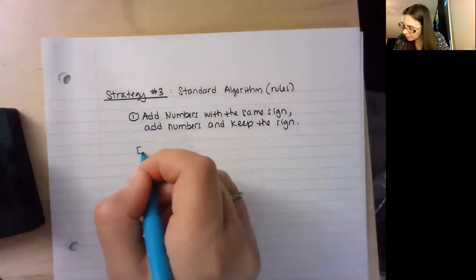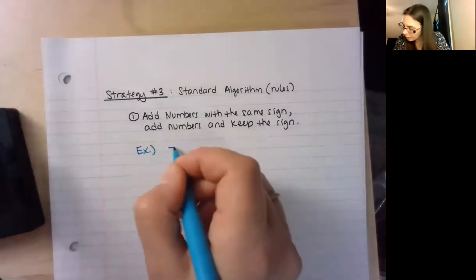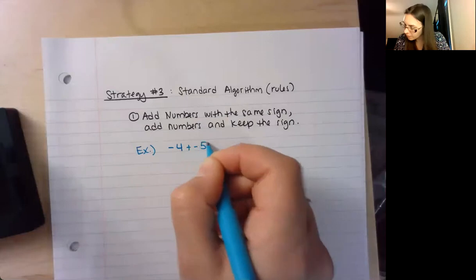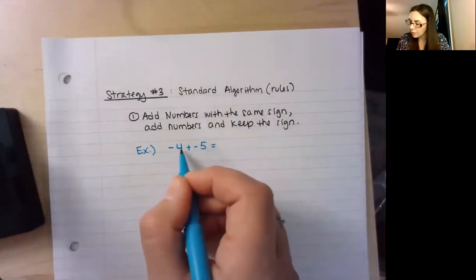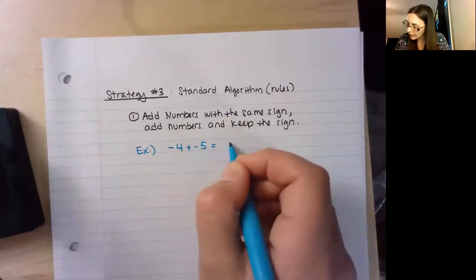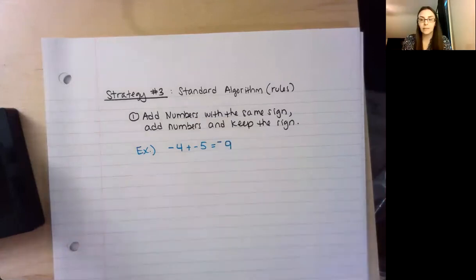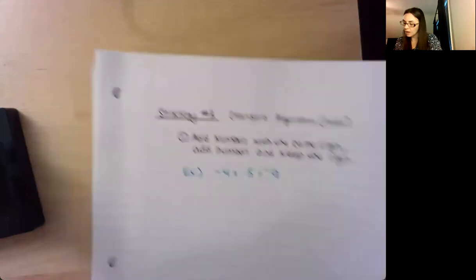So for example, -4 plus -5. I'm going to add the numbers, they're both negatives. So if I add the numbers 4 plus 5, I get 9 and I keep the sign. Okay? And that is what I saw. So let me find that example. What we do, -6 plus -3.